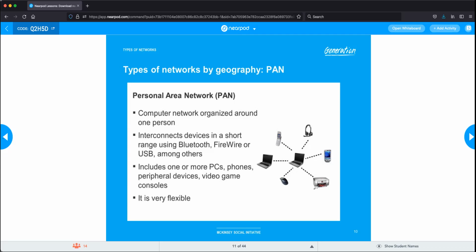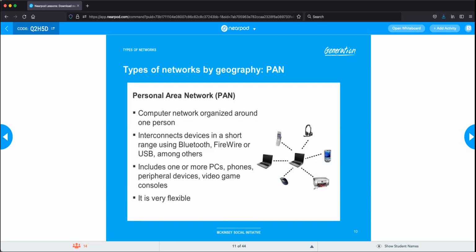When you talk like that, I would rather you stick with how you are trying to support yourself. Like I got Bluetooth earphones to my phone. That's a PAN. That's a personal area network. As you see on the picture, a wireless mouse or a keyboard. It's all supporting me.